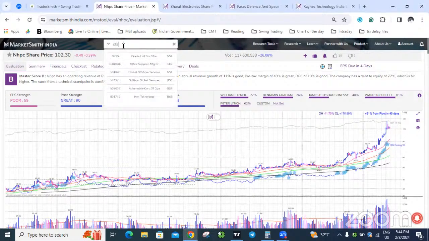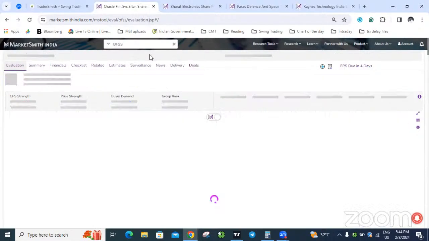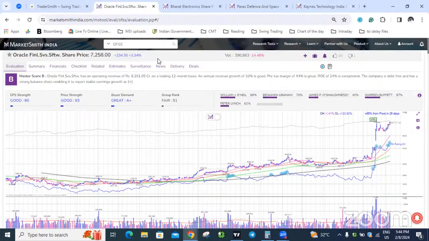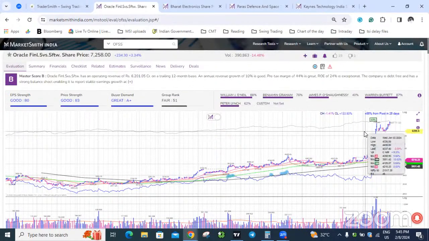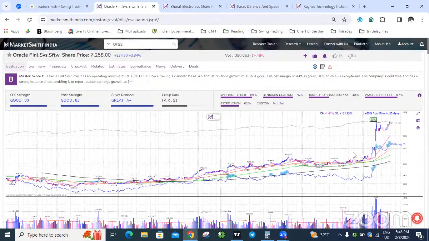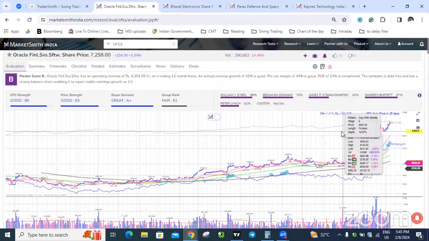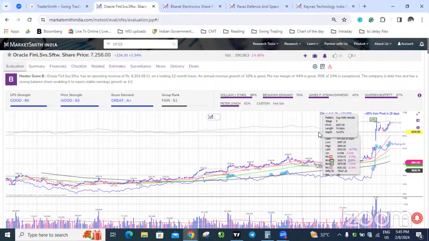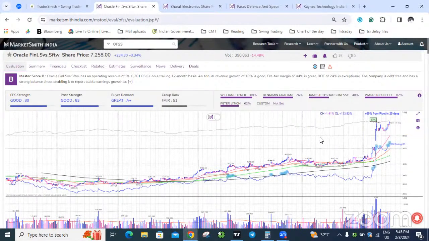Then OFSS. OFSS is a stock from the IT space, which is a clear-cut outperforming stock. For the last few days, it has been in a consolidation zone. If someone is interested in taking a fresh position, the only concern is the stop loss, placed at almost the 6,300 level, which is currently 14-15% away. Otherwise, the stock is looking quite attractive.